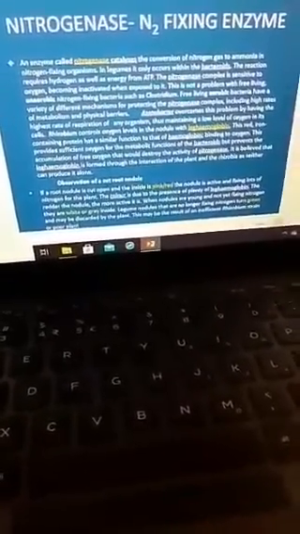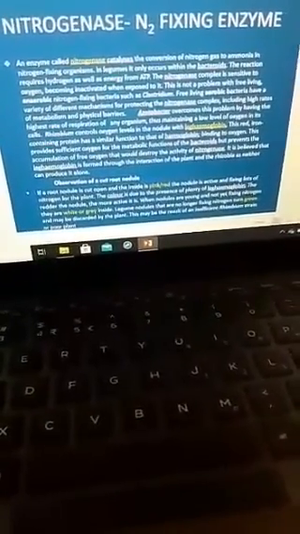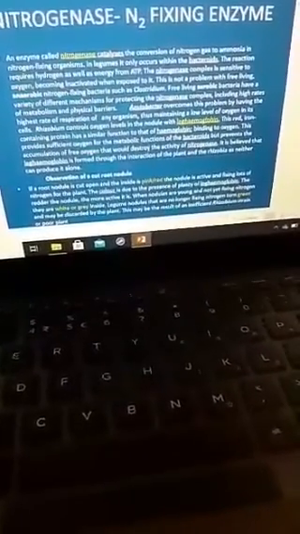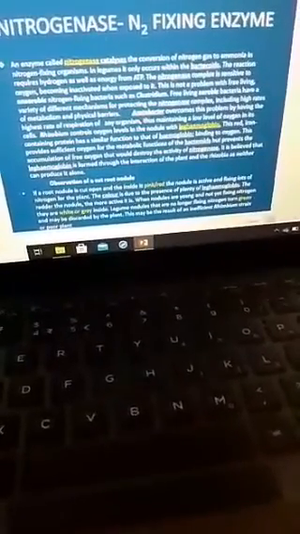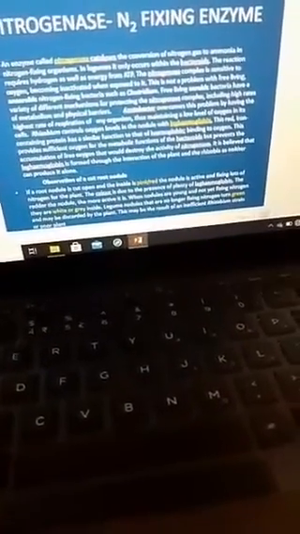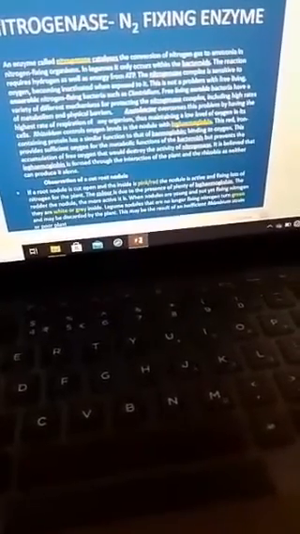What I can tell you about it is that it is an enzyme that is very sensitive to high levels of oxygen. High levels of oxygen render the enzyme nitrogenase ineffective, and it cannot fix nitrogen under high concentrations of oxygen.